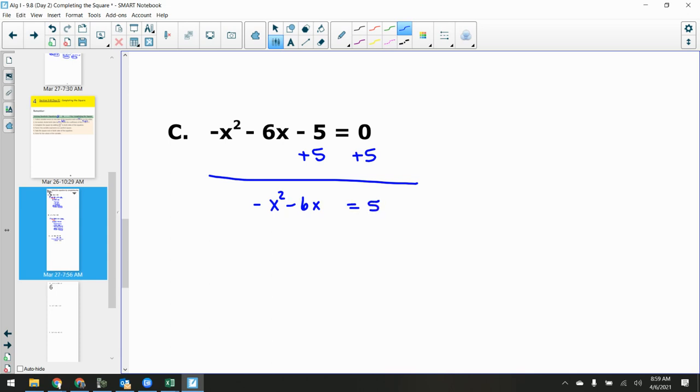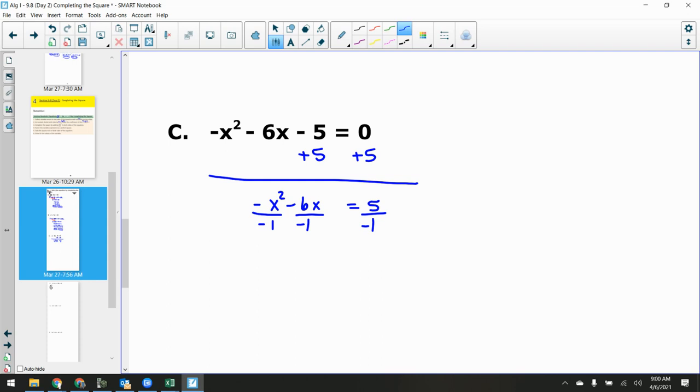I'm going to leave room just in case I can complete the square. But can I do it yet? Not yet. What's stopping me from completing the square? The negative 1. What do I do with that negative 1? I divide it through. Everybody gets divided by negative 1. It's a divide through by a as needed.